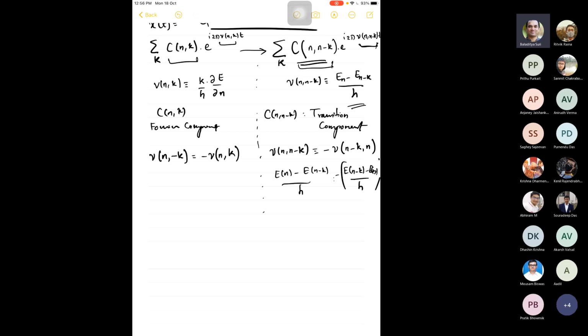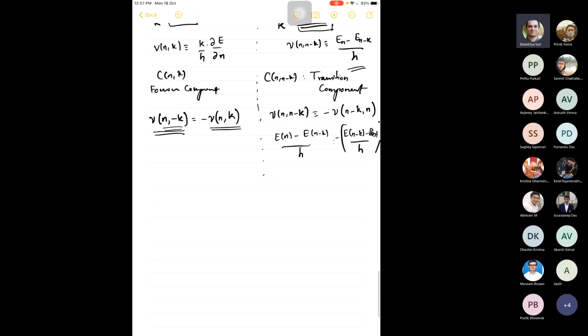So wherever you see nu of n minus k, in the classical case you just write that equal to minus nu of nk. In the quantum case, wherever you have in the classical case nu of n minus k, you have to interchange the two indices of this frequency, because if you want to go to the negative frequency, you have to now reverse the stationary states, basically in the quantum case. Okay.